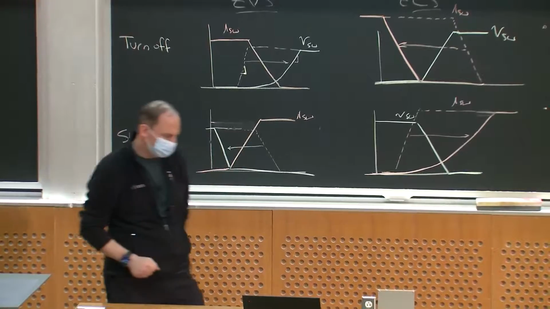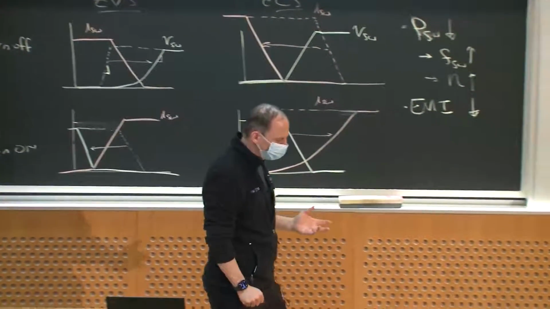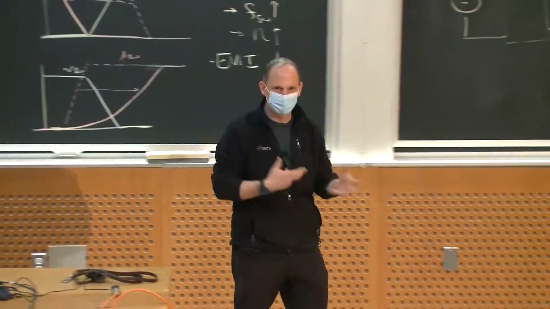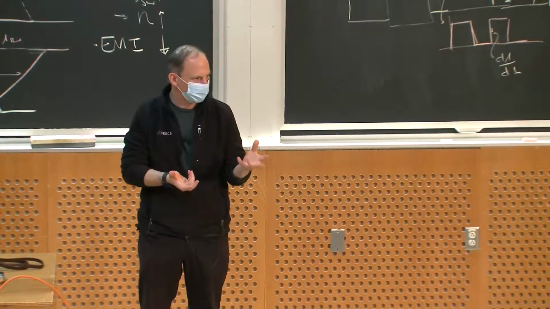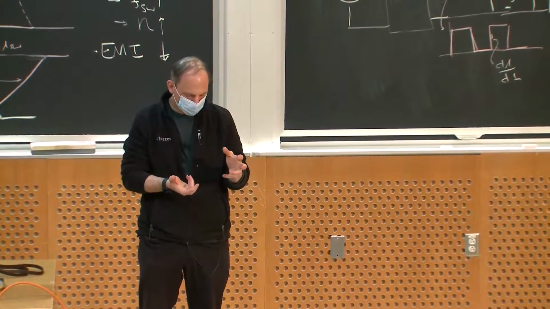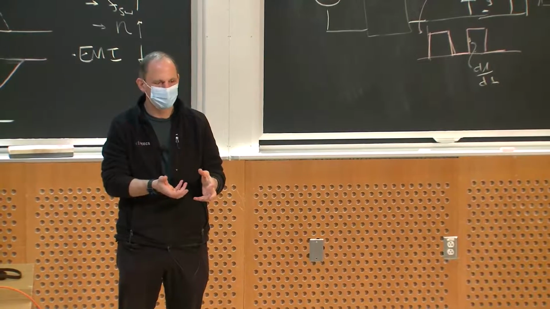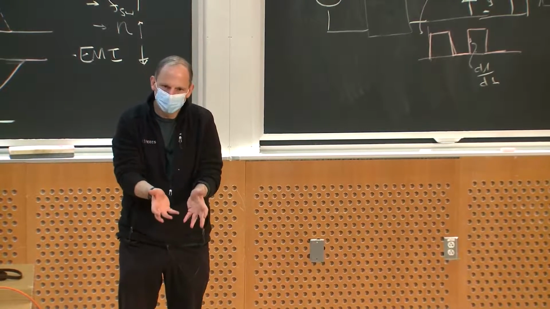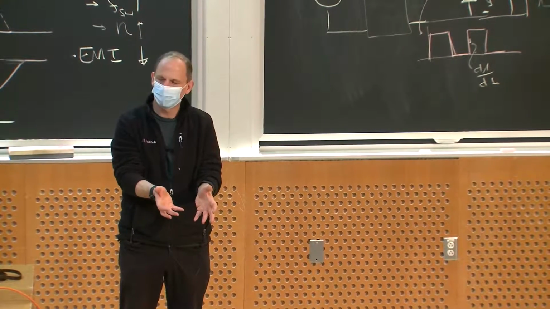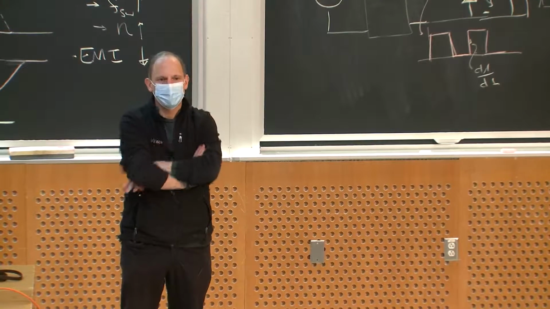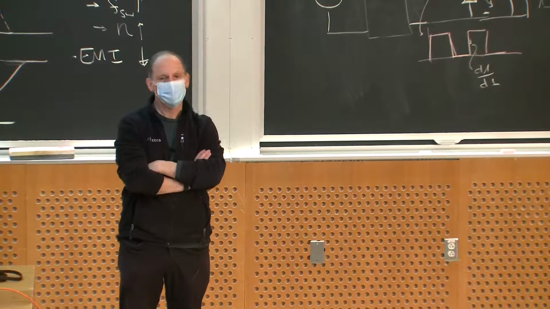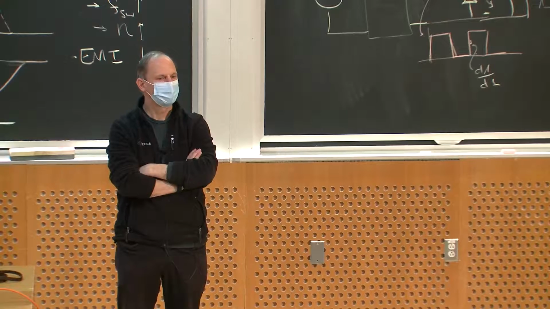Another category of circuits is, geez, I don't want to redesign and conceive this whole funny operation of this circuit in order to achieve soft switching. What I'd like to do is more or less design a PWM converter like we've been talking about all semester, and somehow add in some auxiliary circuit that's going to help me get soft switching. Okay?